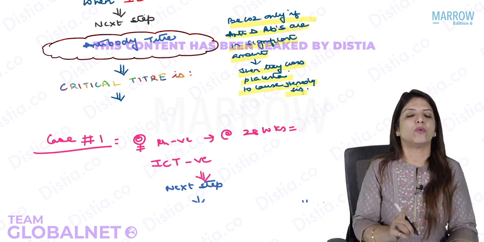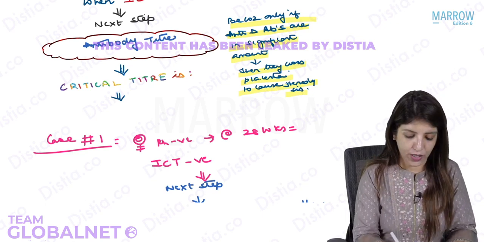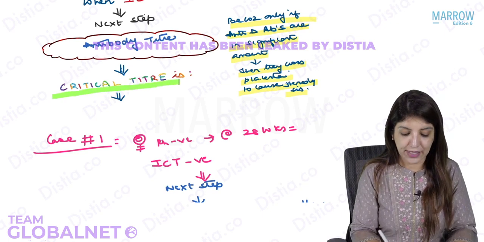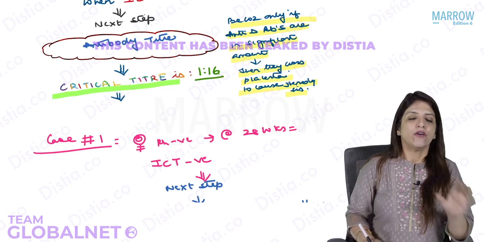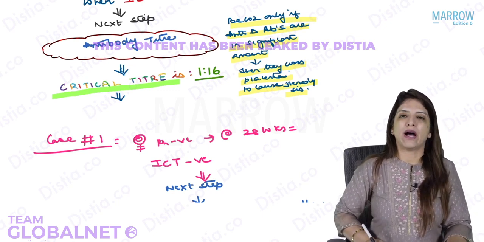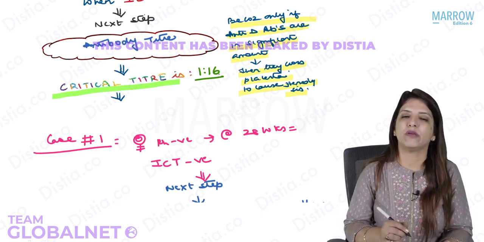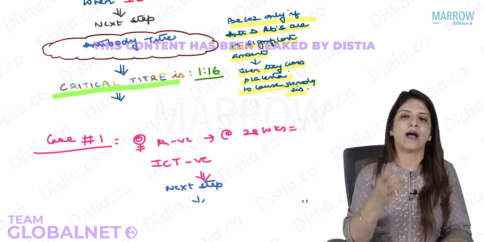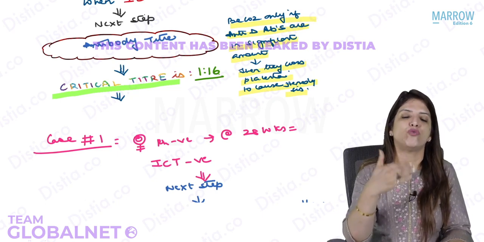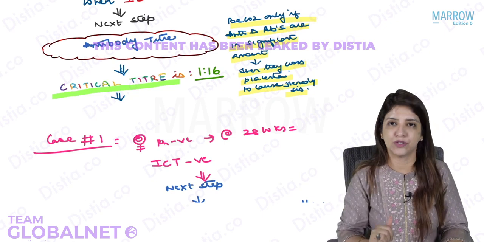And in order to know that, there is something called the critical titer. And the critical titer is 1:16. First understand, what do you mean by this critical titer? Critical titer means what I'm going to do is go for serial dilutions of mother's blood.